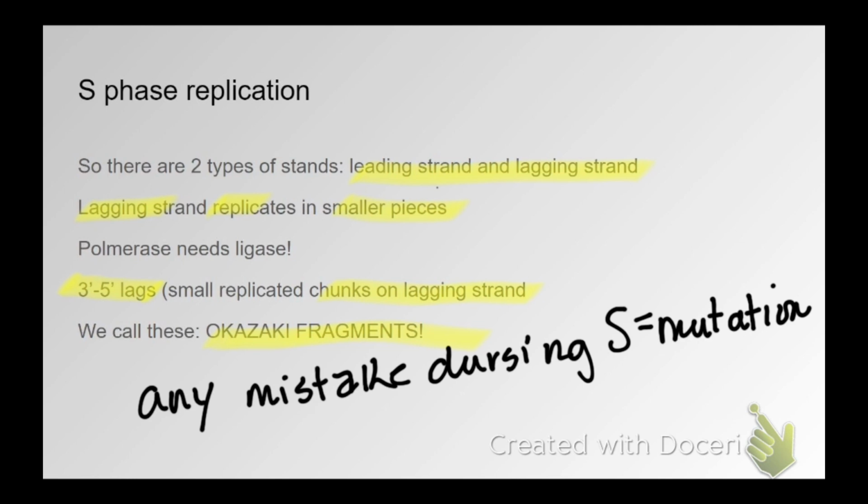You know where to put it? In the crate, probably. Or you want to put it in your stuff? Probably not. Yeah, put it with my stuff. Any mistake during S phase can equal what we call a mutation. We'll delve more into the types of mutations in a later unit.